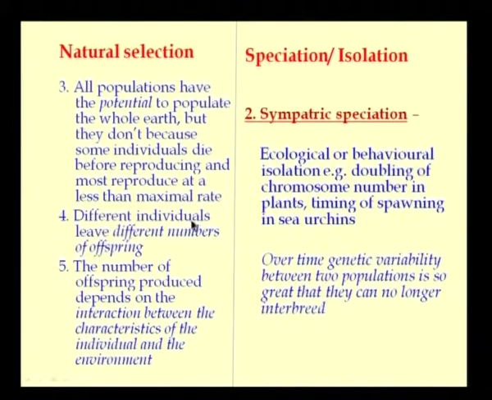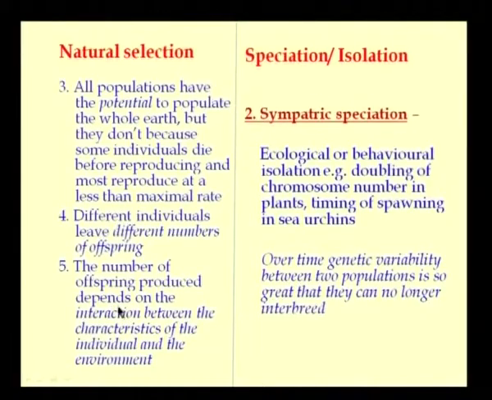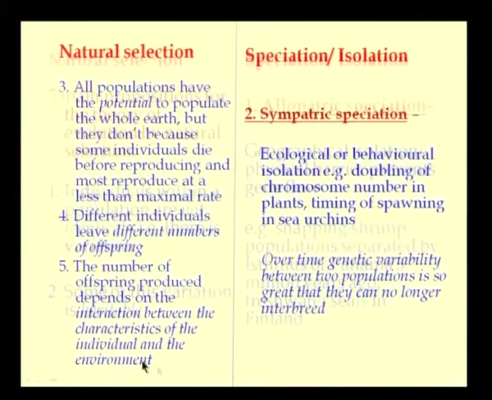Point number 4 is different individuals leave different numbers of offsprings. Like if you look at any species, the amount of offsprings produced by an elephant is completely different from the amount of offsprings produced by a mouse. So, this is a complete difference. Then the number of offspring produced depends on the interaction between the characteristics of the individual and the environment.